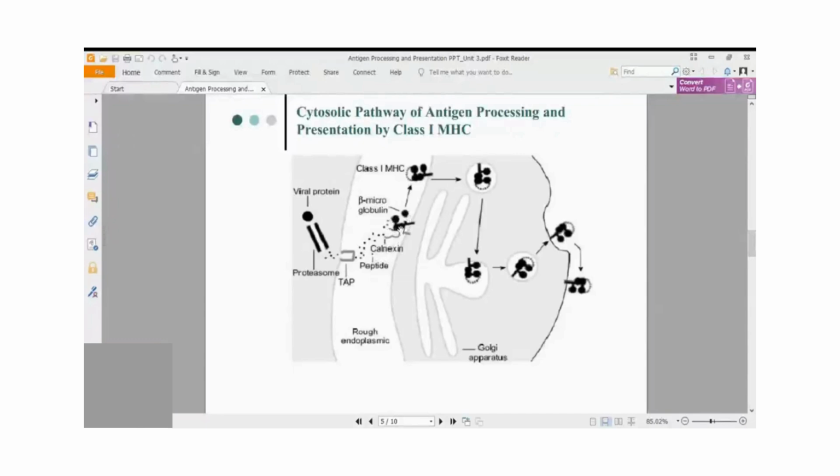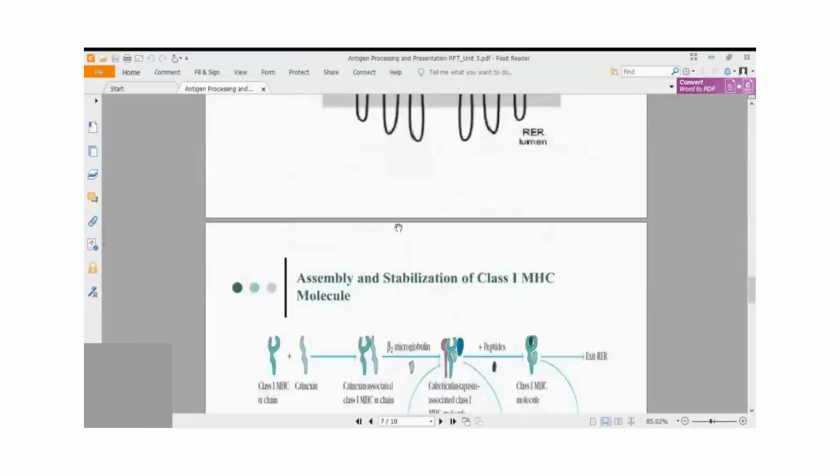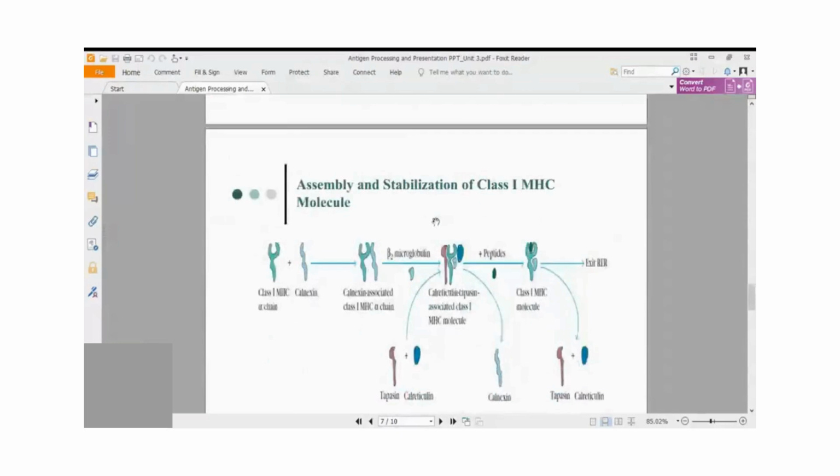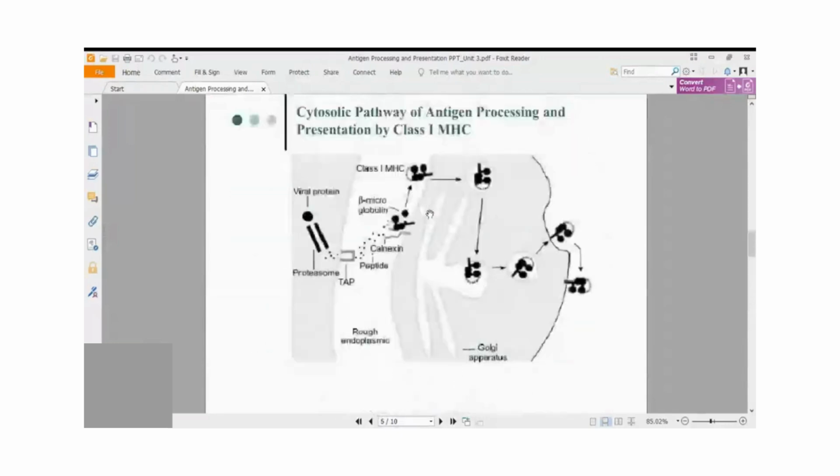Then meantime, calnexin has come and protected it, and there are other molecules now. As soon as the beta 2 microglobulin comes and joins, class 1 MHC is complete. And it has gained the structure, that antigenic groove, where the micropeptides come and lodge.